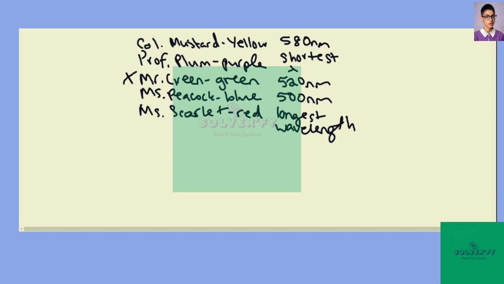And then for the rooms that have lower frequency than 520, a lower frequency equals a longer wavelength. So it can't be Miss Peacock, who has a shorter wavelength, and it can't be Professor Plum.